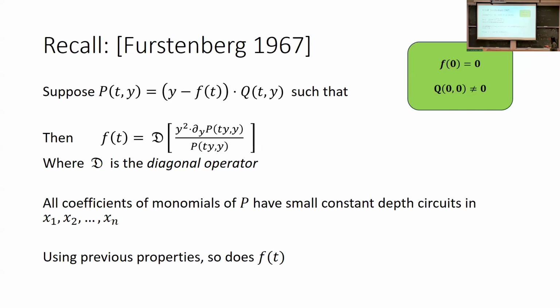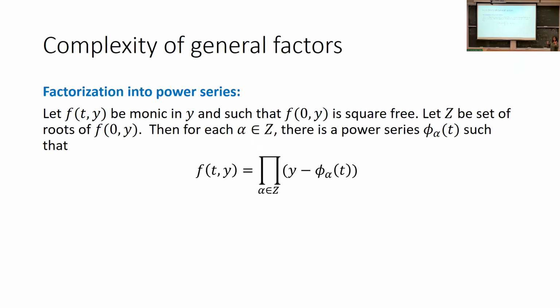And we're almost there. So what remains? This almost gives us this property that the roots have small constant depth circuits. Why do general factors have small constant depth circuits? And the reason is the following. First, here's a fact, just from general algebra, this is not our contribution.